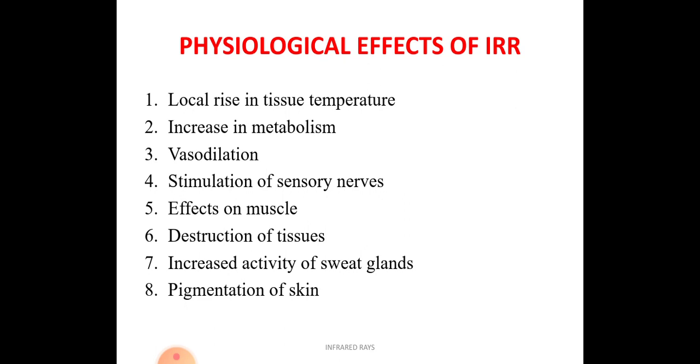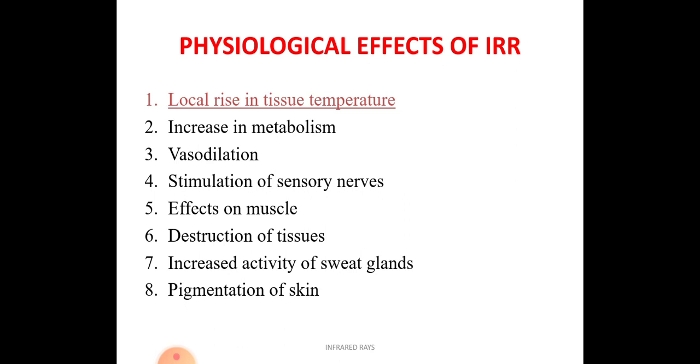Now what are the physiological effects of infrared radiation? There will be a local rise in tissue temperature, that is nothing but warmth of flow. Whenever you have any chemical process inside your body, definitely you will have production of heat. Here infrared radiation will cause vasodilatation and increased blood flow, and this increased blood flow is also responsible for the increase in temperature.